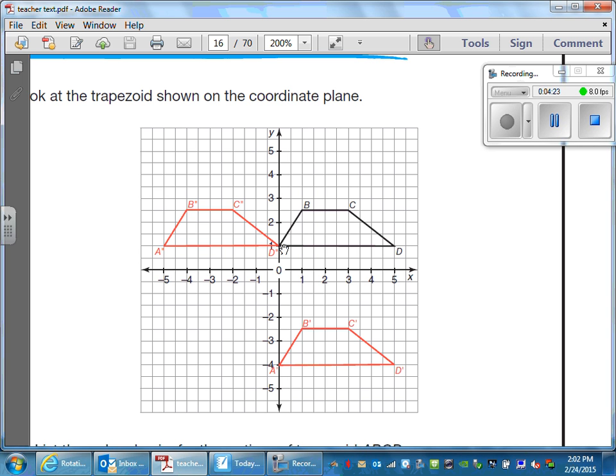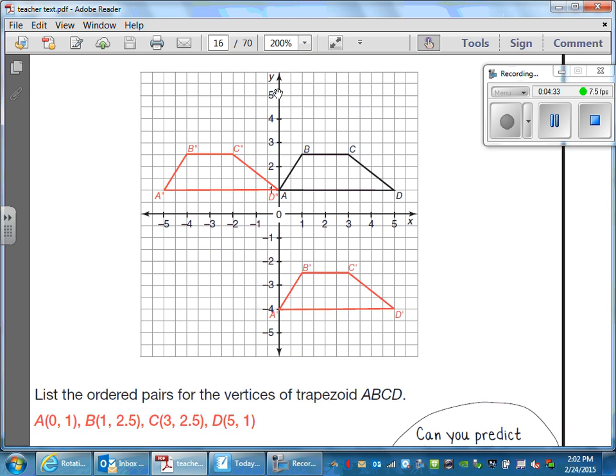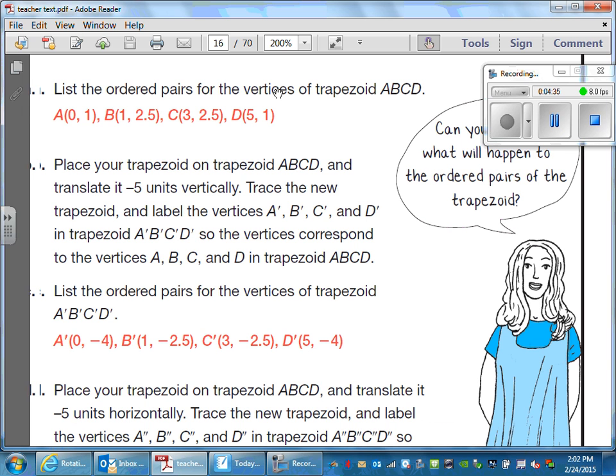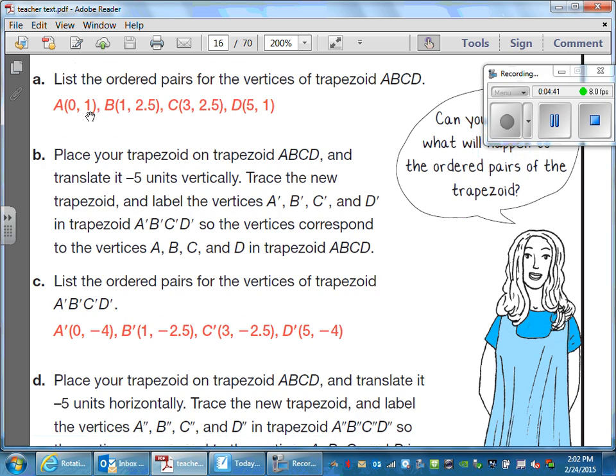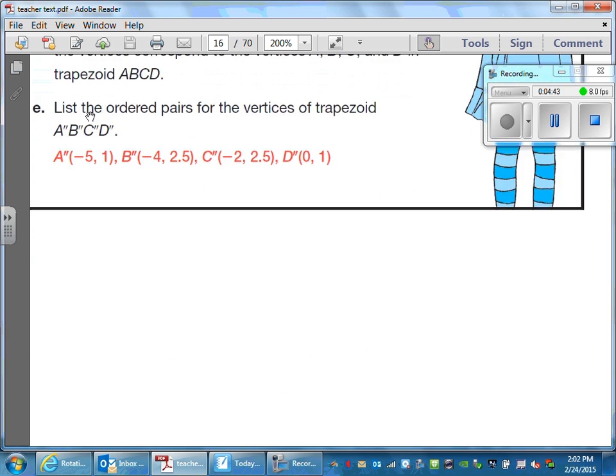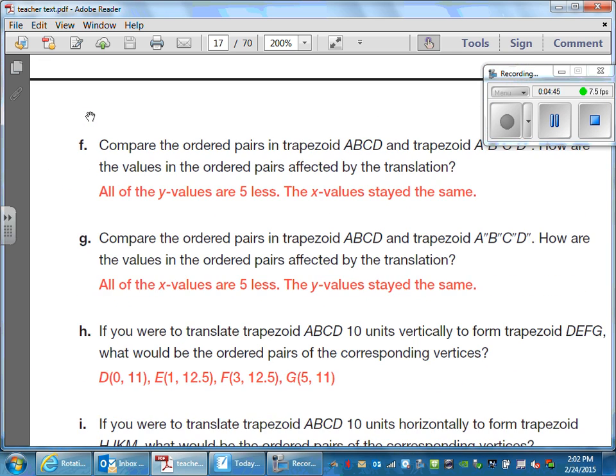You would move A up 10. So A would be 0, and then you're at 1, so you'd go up 10, 11. You'd be at (0, 11). So the x wouldn't change, but the y would. So you can just take your original points and add 10 to all the y's. So D, E, F, G would be (0, 11). You can see it here and compare and match.